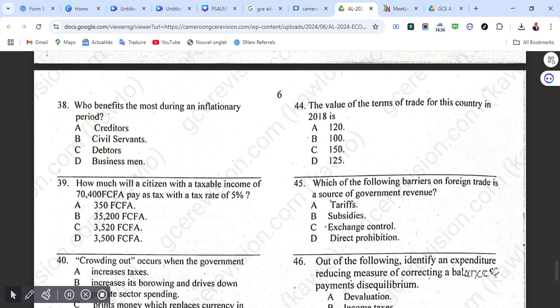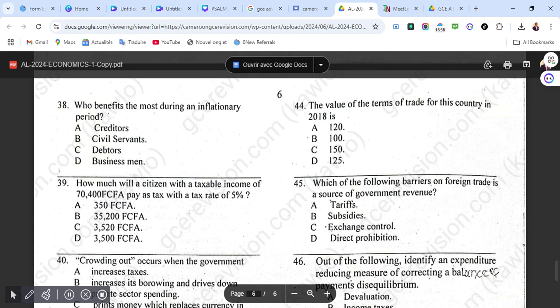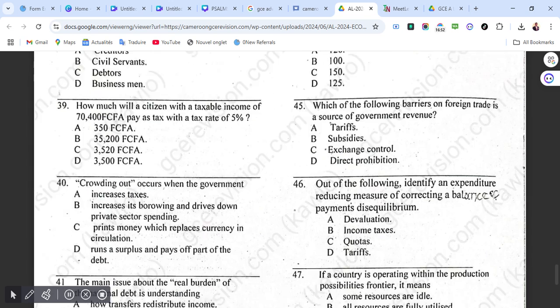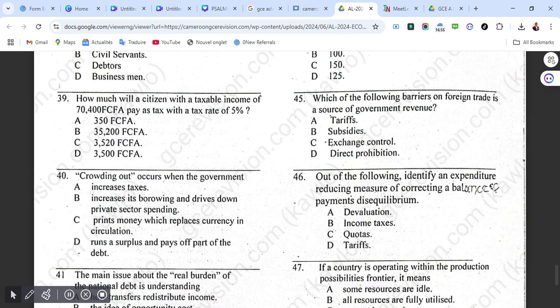Which of the following barriers on foreign trade is a source of government revenue? Correct answer for 45 is A, which is tariffs. So tariffs are barriers to foreign trade and a source of government revenue. Out of the following, identify an expenditure reducing measure of correcting a balance of payment disequilibrium.